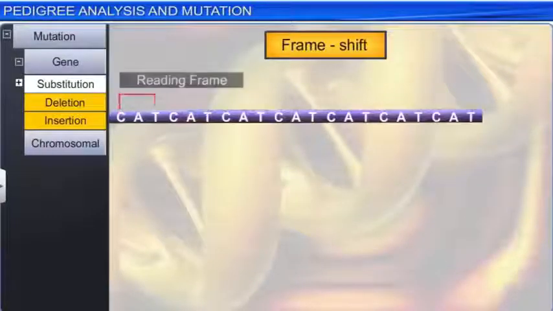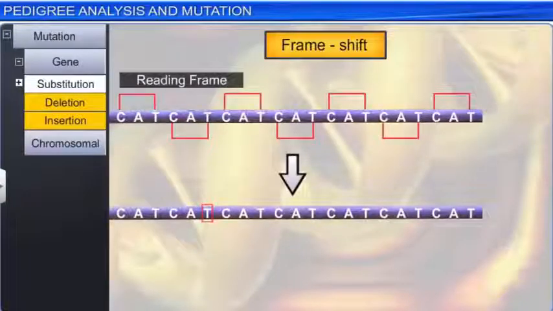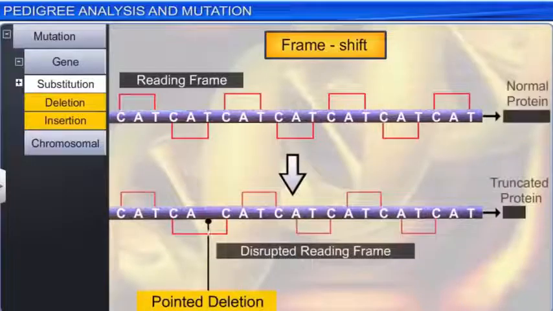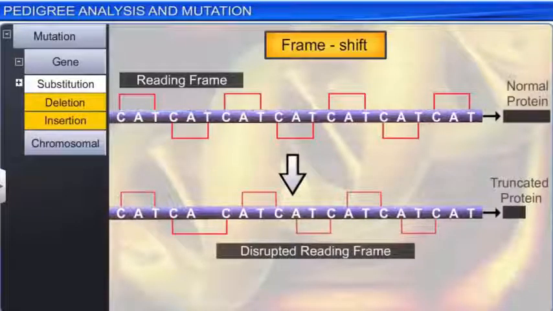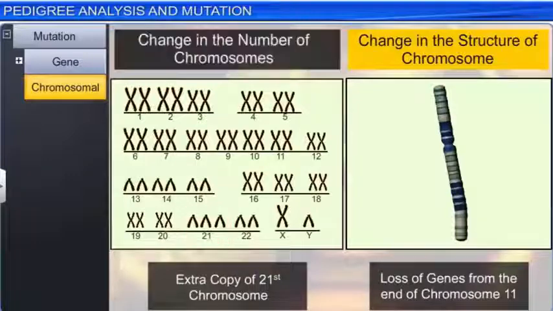For example, Tay-Sachs disease, which causes mental and physical disabilities, is due to frame shift mutation. Unlike gene mutation, chromosomal mutations occur when the number of chromosomes changes or when there is a change in the structure of a chromosome.